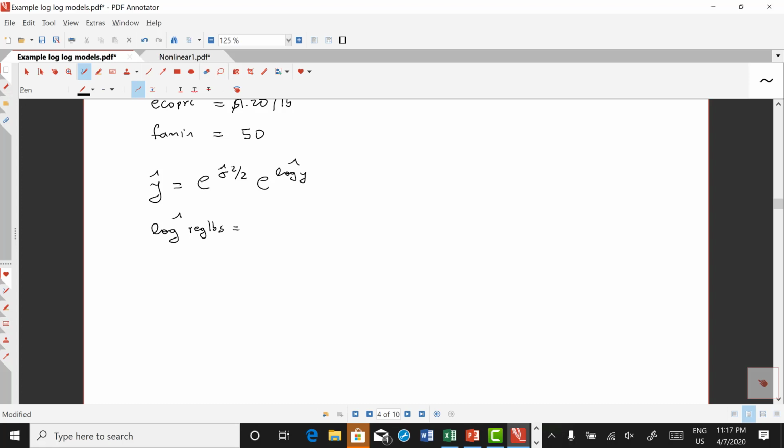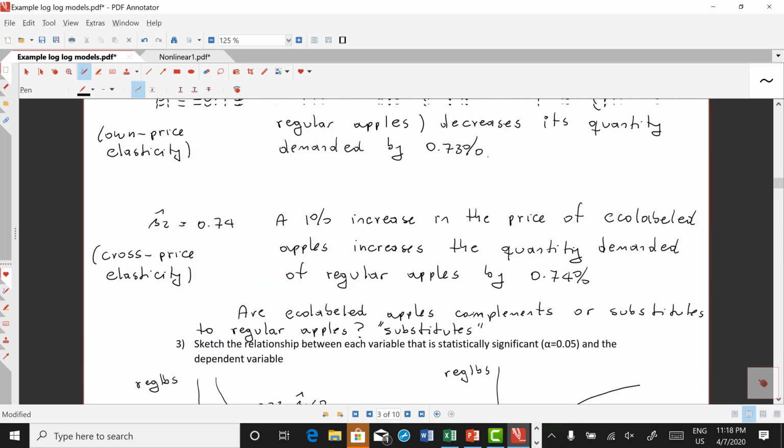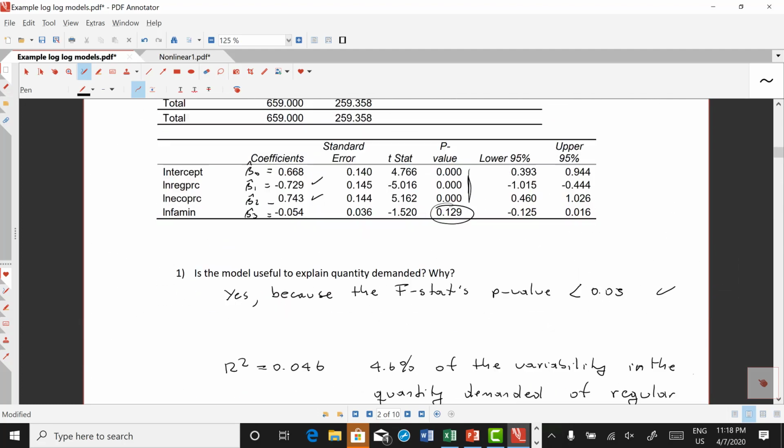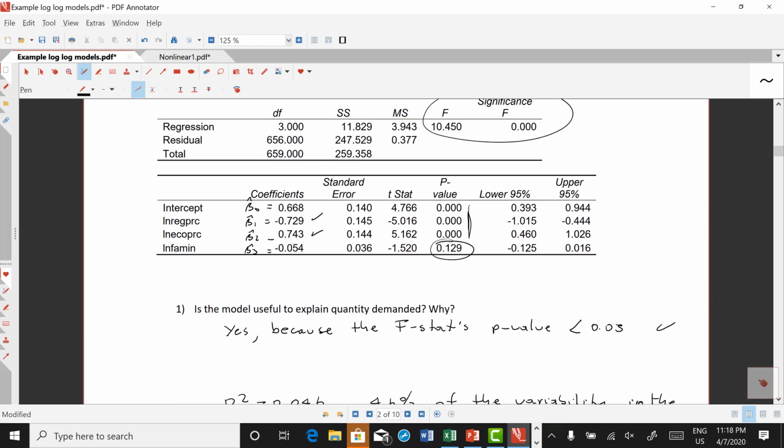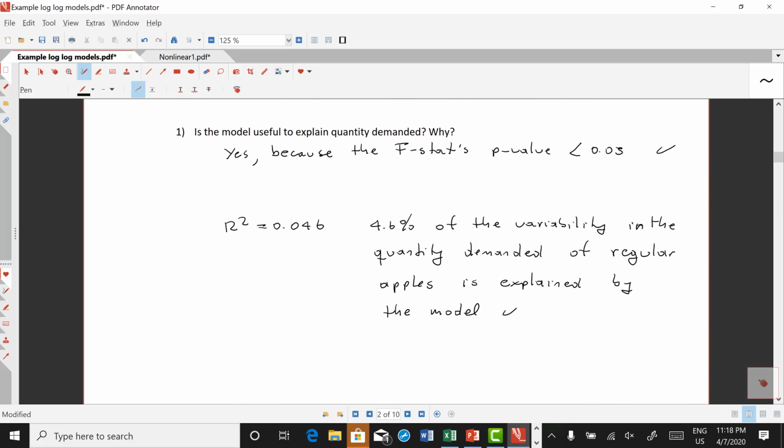So that should be equal to, well, let me look at the exact values to see. So 0.668, 0.729, and 0.743.